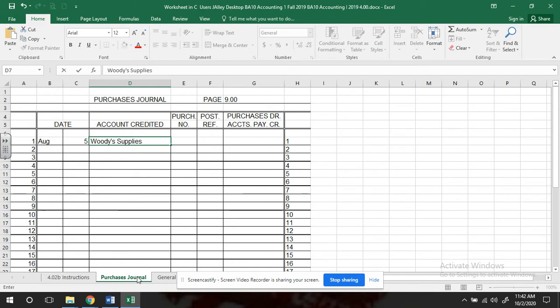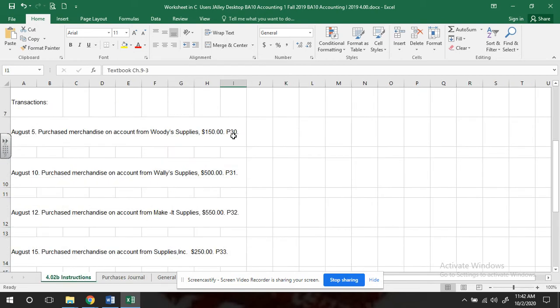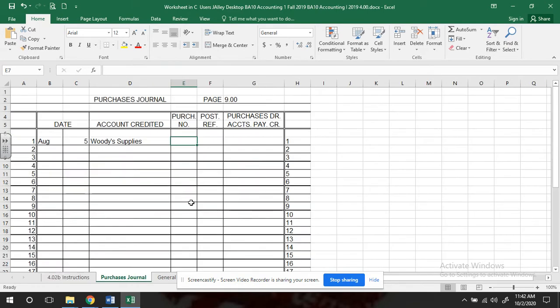That's who we bought this from, and we owe the money to. All right, so the purchase invoice number was number 30, and this total is $150. So we can just put 30 here and put 150 here.